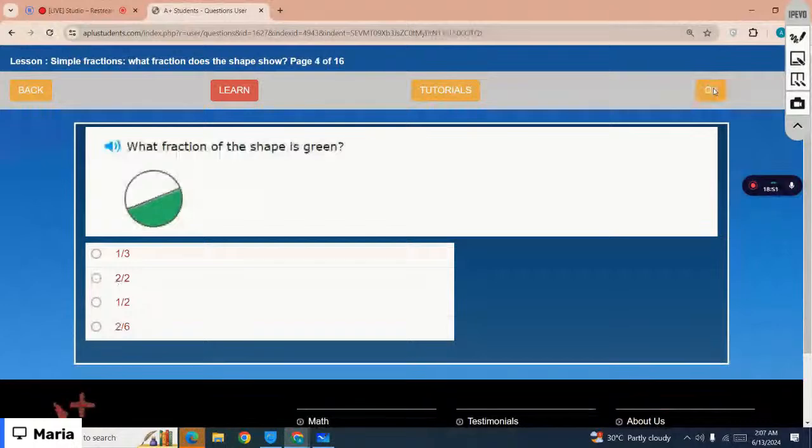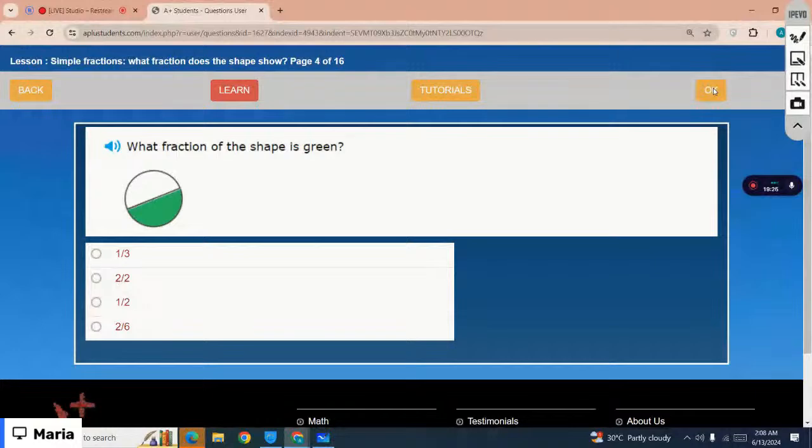What fraction of the shape is green? So which is the correct option? The shape has total 2 portions, right? One of them is green. So you can say 1 out of 2 is green. Got it?